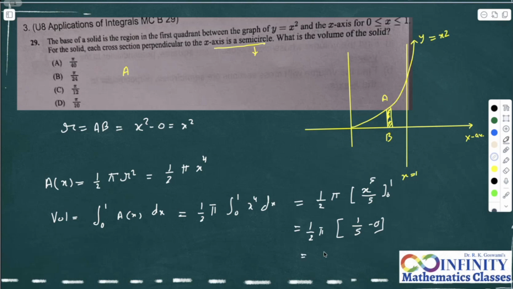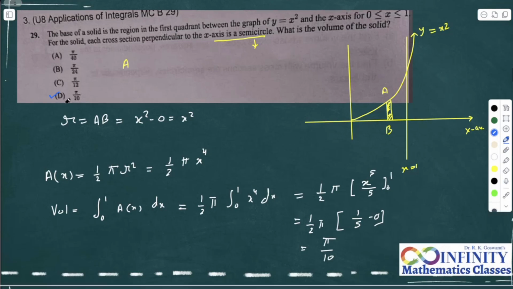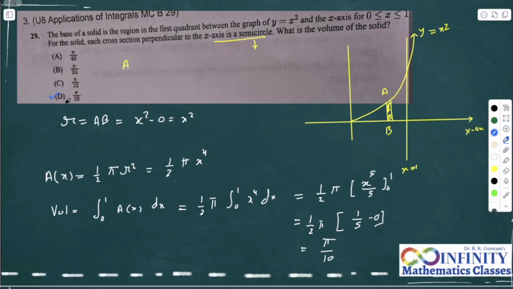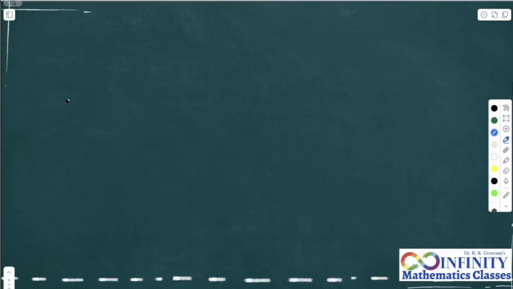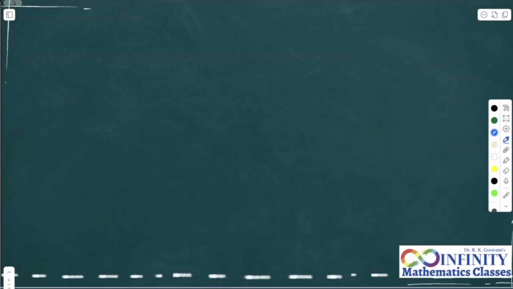So the correct answer is going to be pi by 10 there. Okay, and this is the answer given to you, D part. Any doubt there? No. Okay, should I move to the next? Yeah. There was an error in calculation basically.